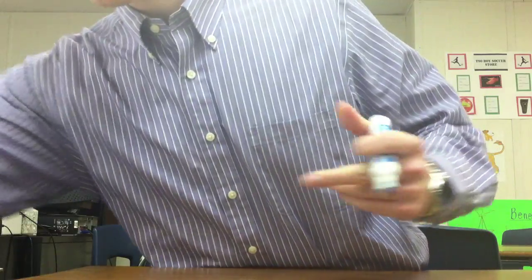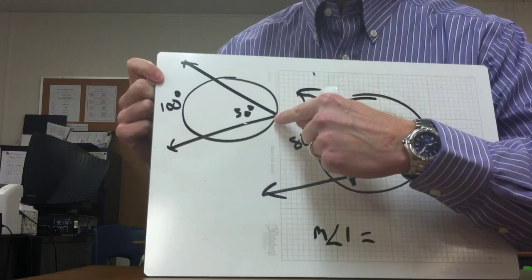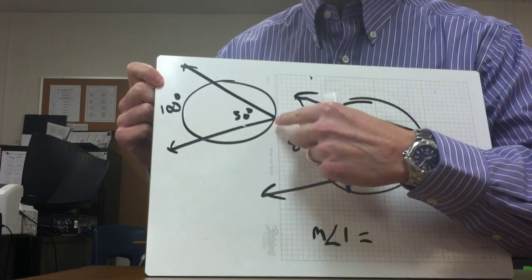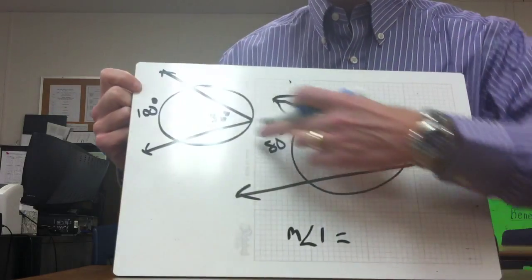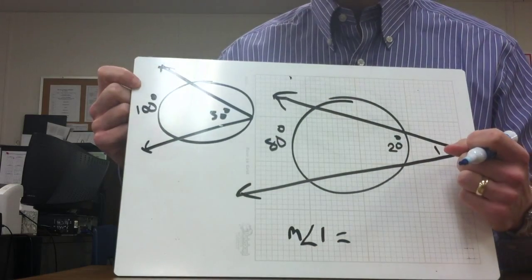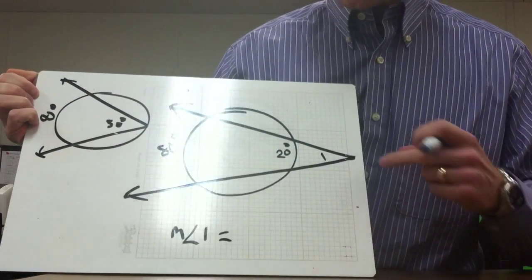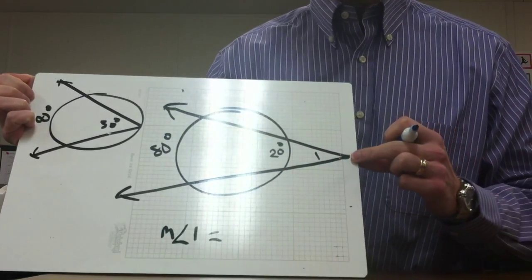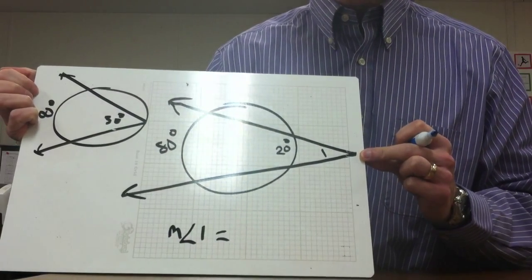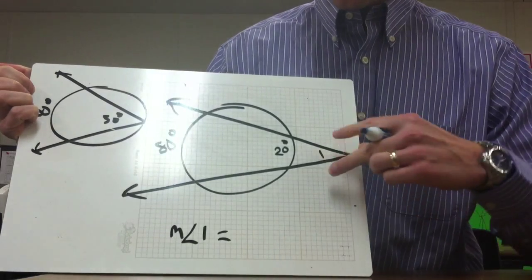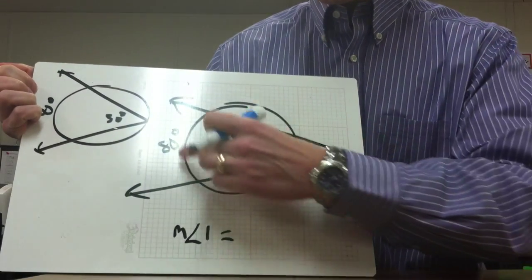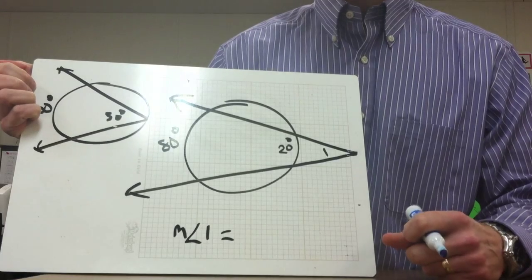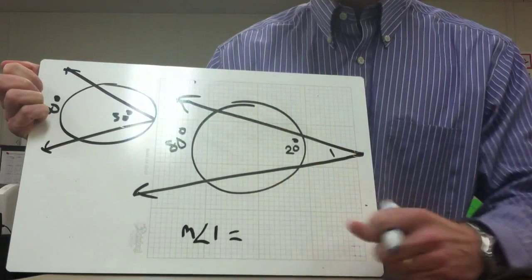As we said last time, we had an inscribed angle where the vertex is on the circle. You follow it out and you take half, so half of 100 degrees would be 50 for that inscribed angle. The next case is this angle formed by two secants, where you've got your vertex outside of the circle. If you follow it out, you've got two different intercepted arcs: a 20-degree arc and an 80-degree arc.